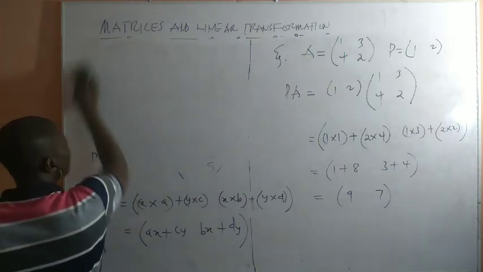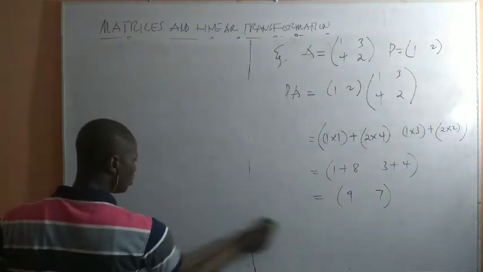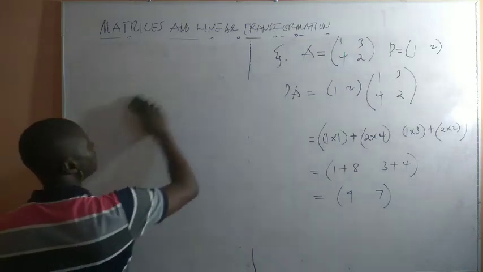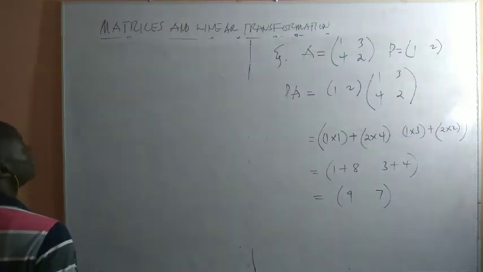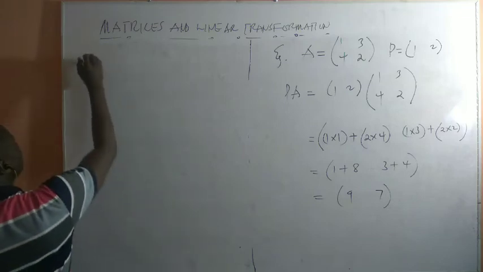Now we are going to look at how to multiply a row matrix by a column matrix.